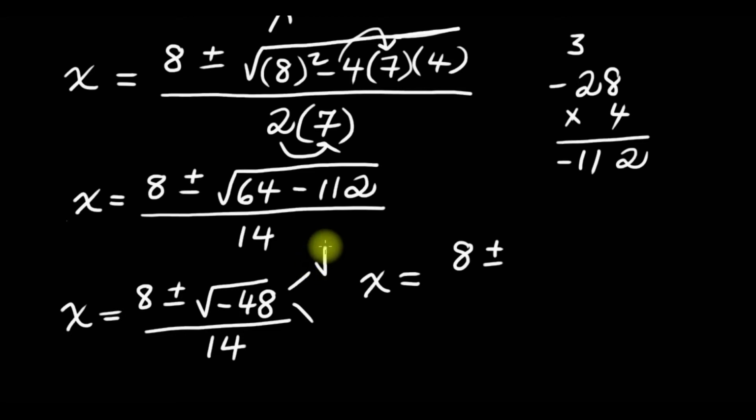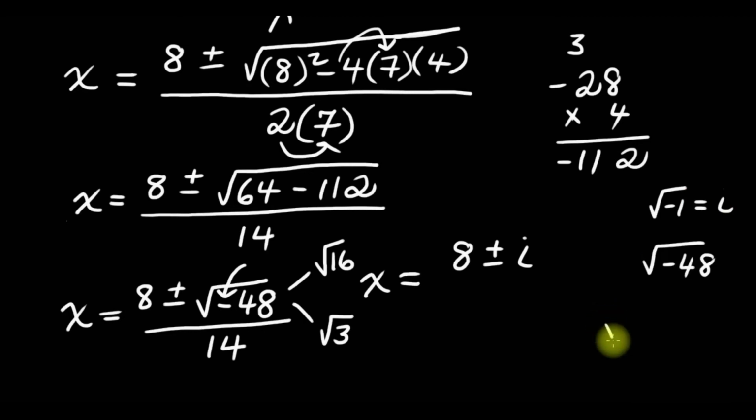Well, you can break this up into square root of 16 and then square root of 3. Okay, this is an imaginary number. So this negative is going to come out as an i because square root of negative 1 is i. You can break it up into square root of negative 16 times square root of 3.